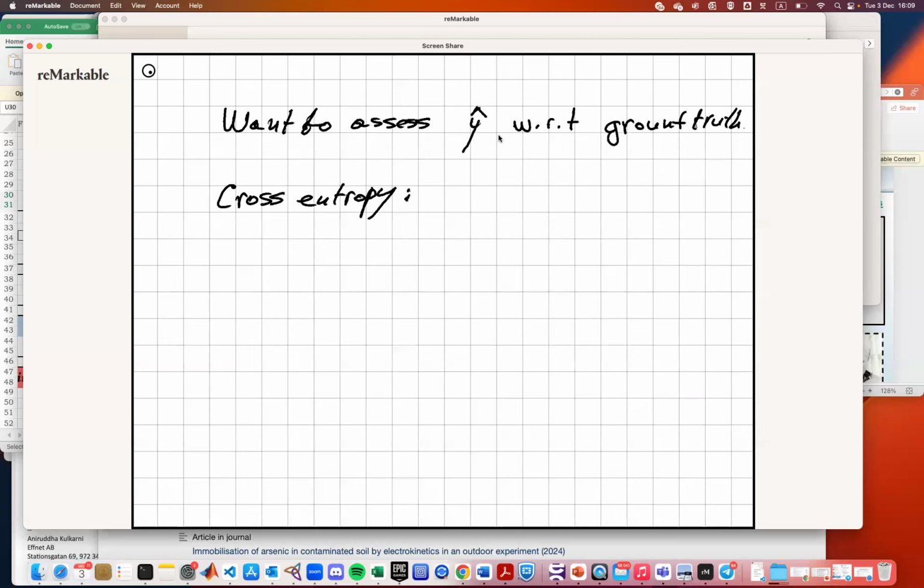Which is nothing more, in simple words, than a measure of similarity between two probability distributions.